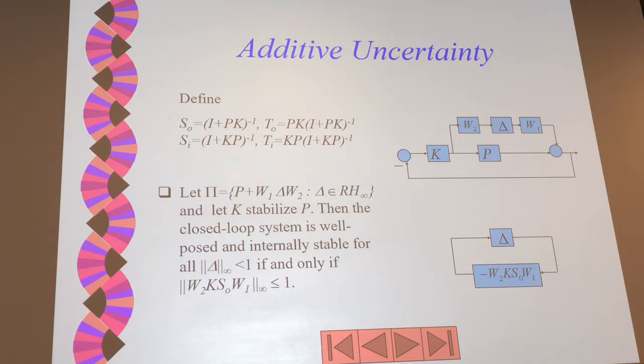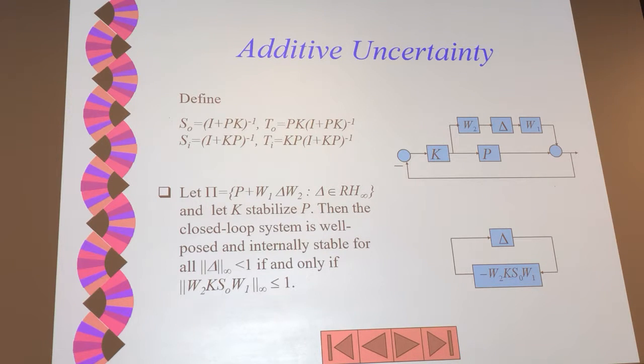Then we know P, we know K, we know W1, we know W2. We also know that the infinity norm of delta is less than 1. So this is the feedback control interpretation.